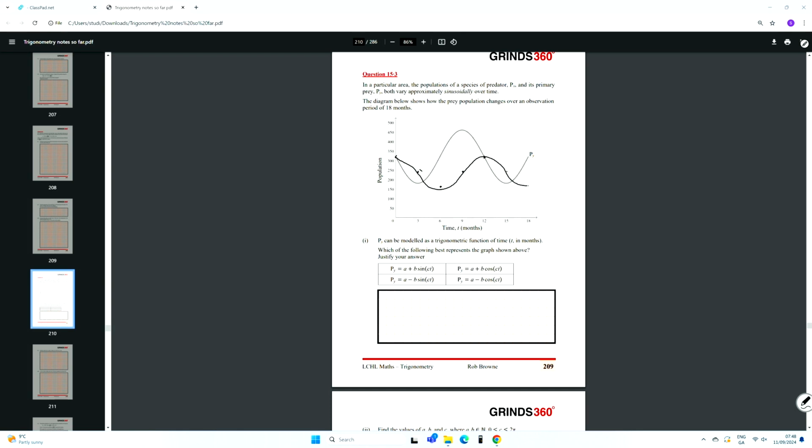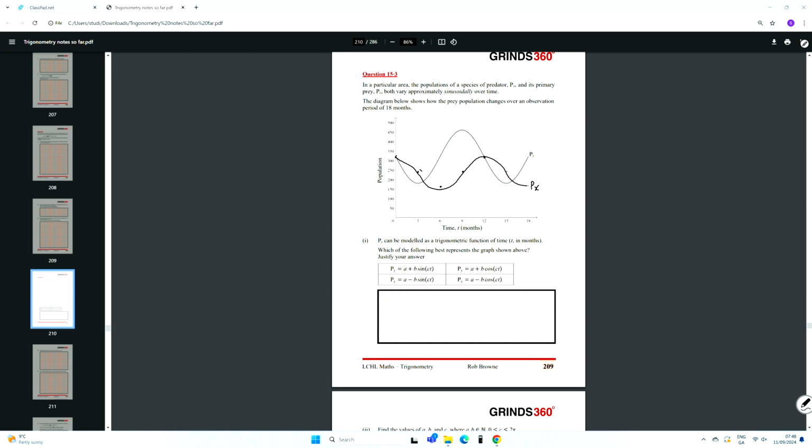Something like that. Okay? So that's what the graph looks like. And then finally, you can see in part 5, it says, use your graph to estimate the length of time over the course of the entire observation that the predator population exceeds the prey population. So remember, that's the predator population there, Px. The predator population exceeds the prey population when the Px graph is above the Py graph.